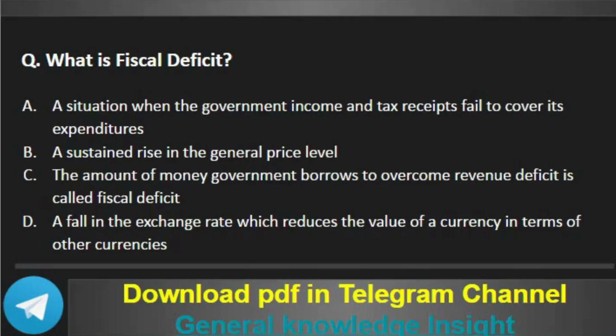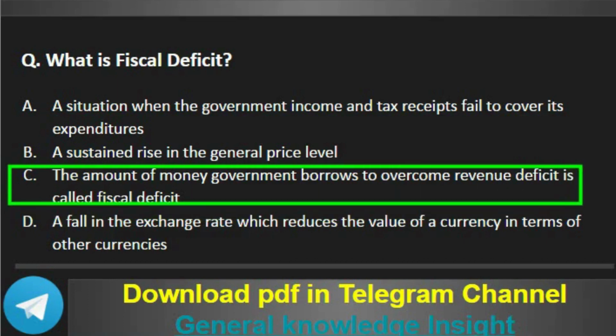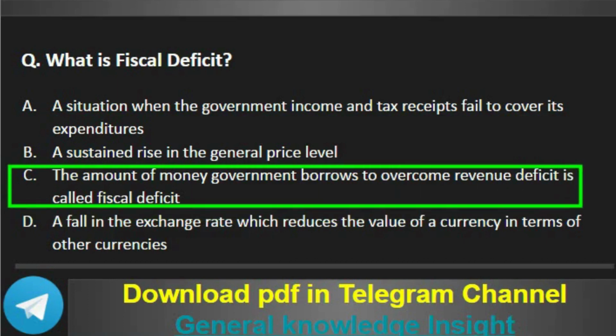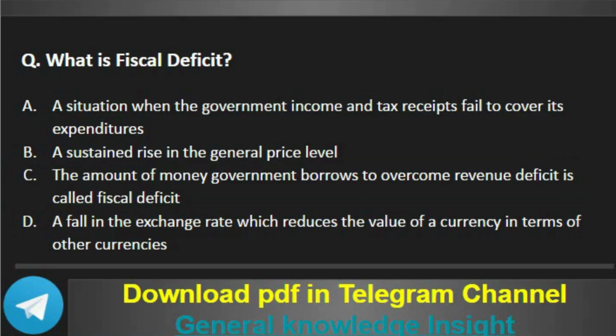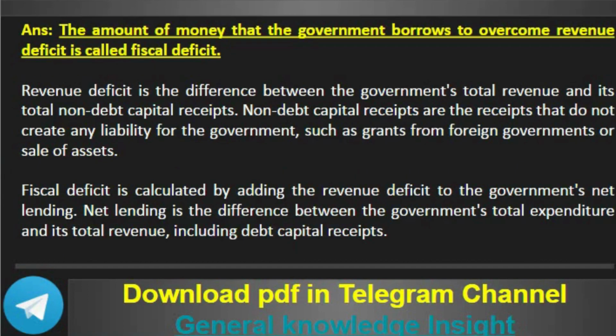First question, what is a fiscal deficit? Here the correct answer is option C. That is, the amount of money government borrows to overcome revenue deficit is called fiscal deficit. Here, revenue deficit is the difference between the government's total revenue and its total non-debt capital receipts.